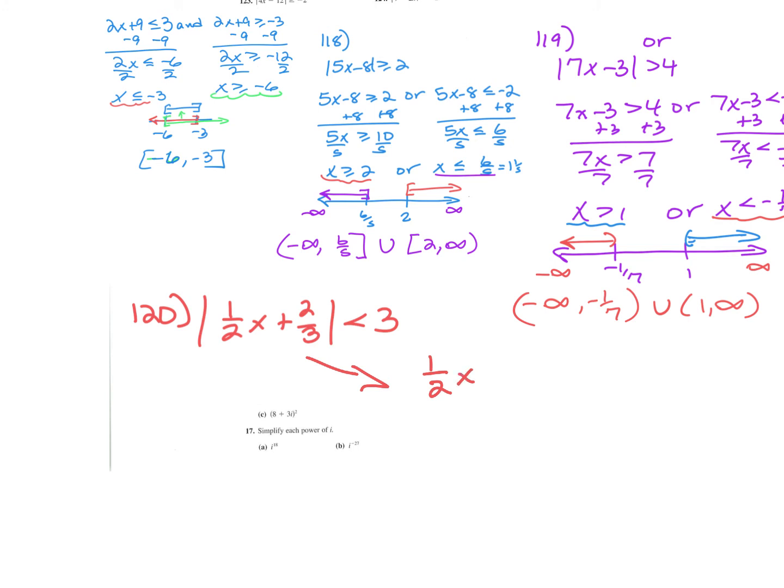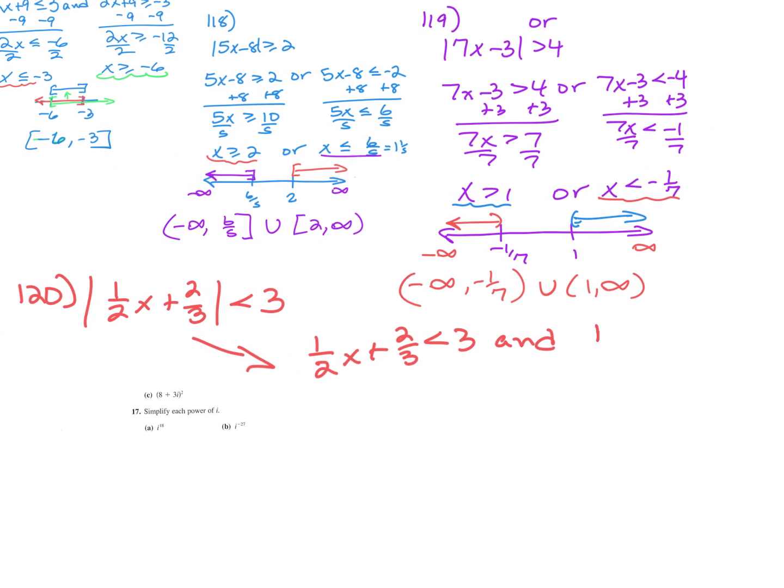So 1/2 x plus 2/3 is going to be less than 3, and 1/2 x plus 2/3 greater than -3. First thing I'm going to do is multiply the entire equation by the common denominator, which is 6.